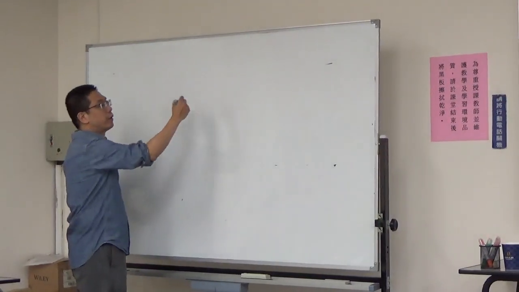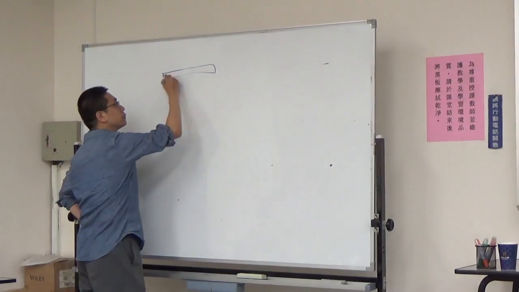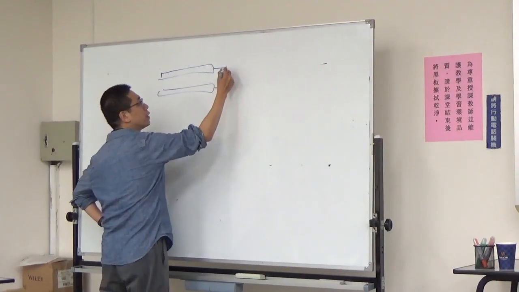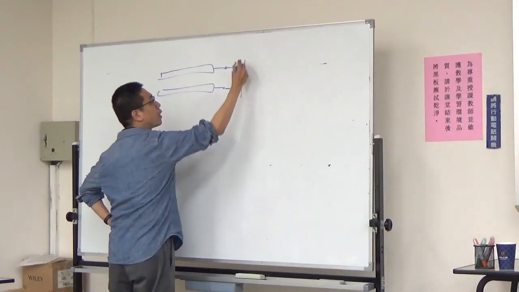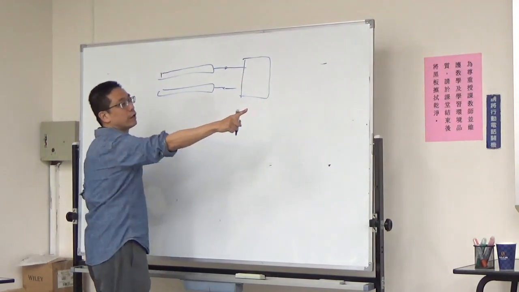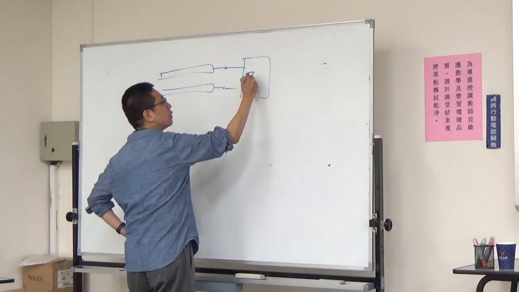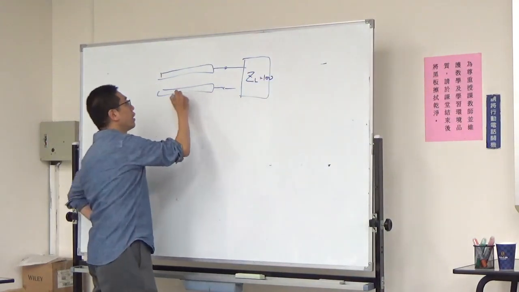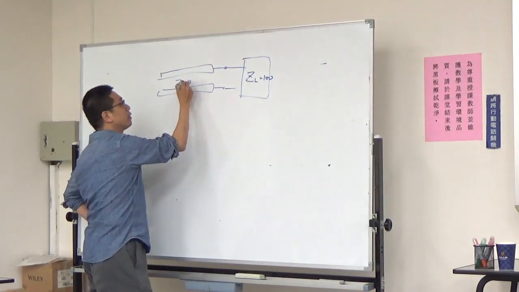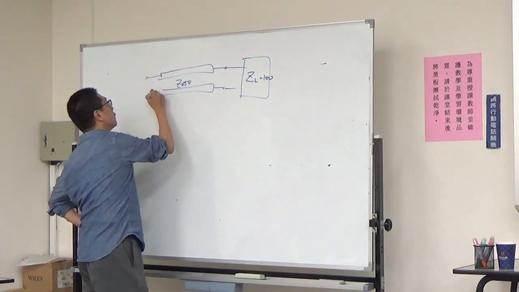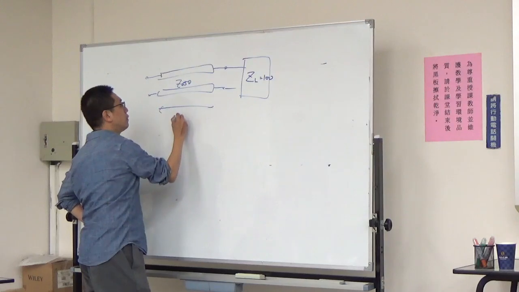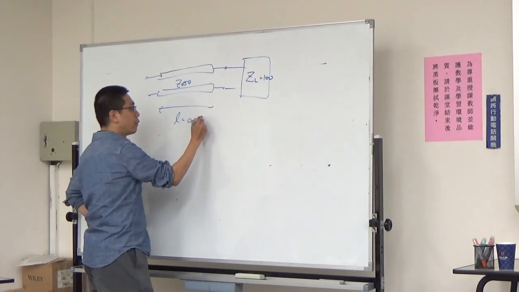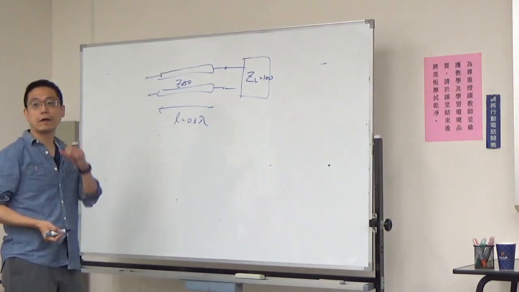For this example, let's take another, more complicated example. If ZL is 100 and the Z0 is 50, right? If the L is 0.3 wavelengths, okay?